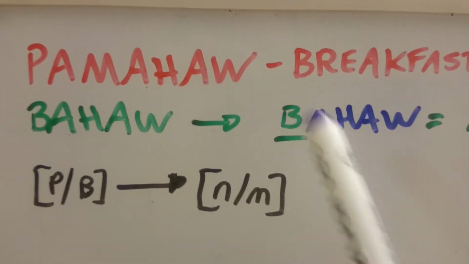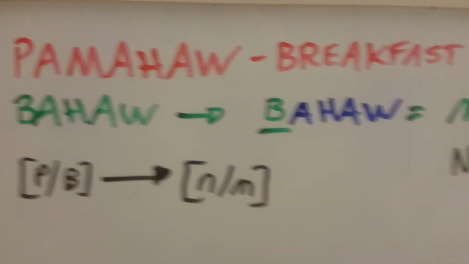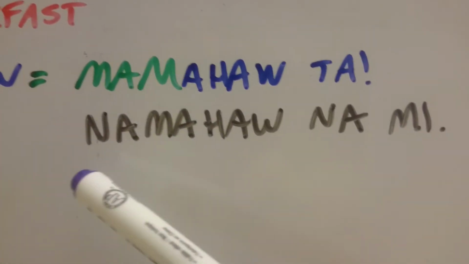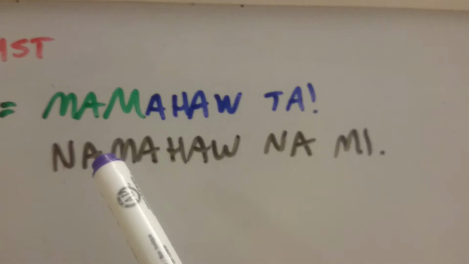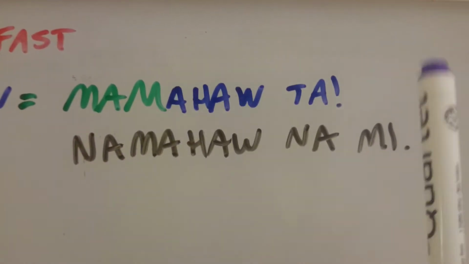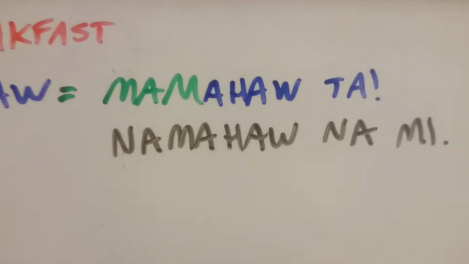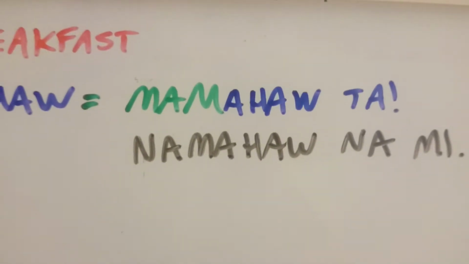But when we're talking in a sentence, like the example sentences I have here, the p and b get changed to m and n, right? So the first sentence is mamahaw ta, which means, hey, let's have breakfast. We're gonna have breakfast, or we will have breakfast. Mamahaw ta.